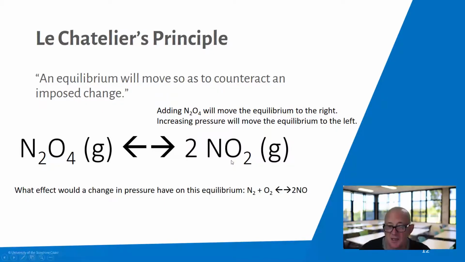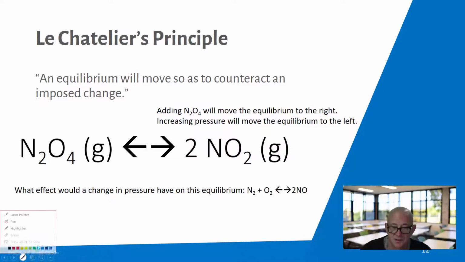You've only got one molecule of N2O4 reacting to give two molecules of NO2. So to decrease the pressure, you want fewer molecules, and the reaction would move to the left. In other words, you've now got fewer molecules.